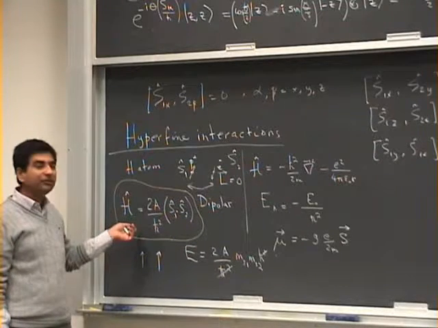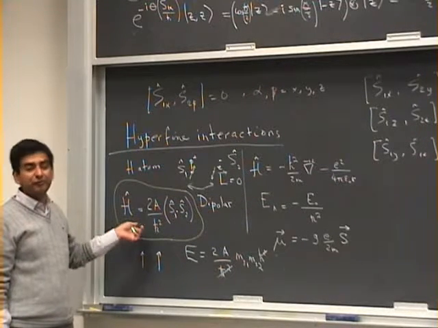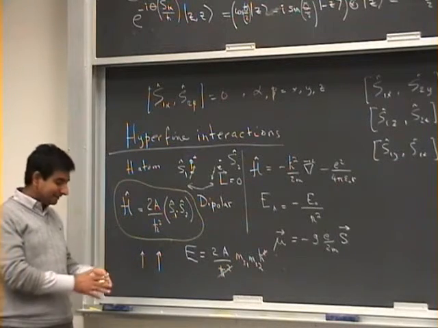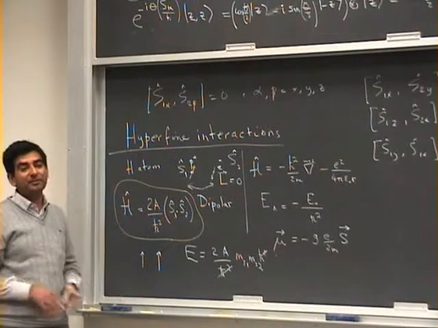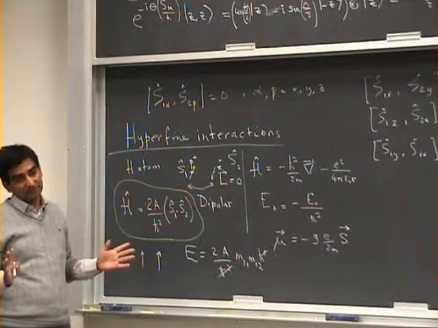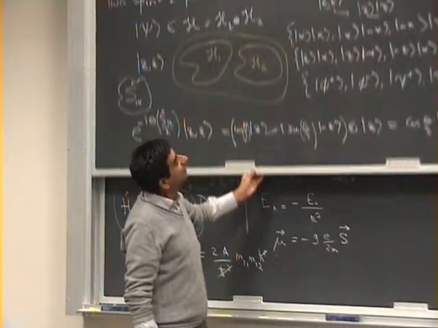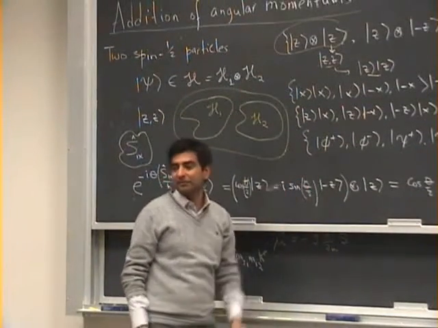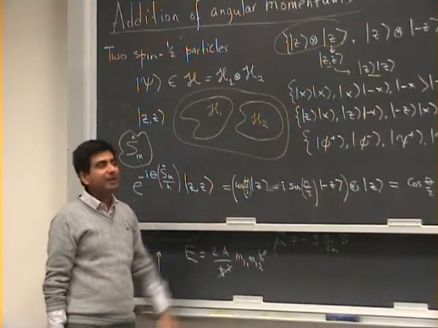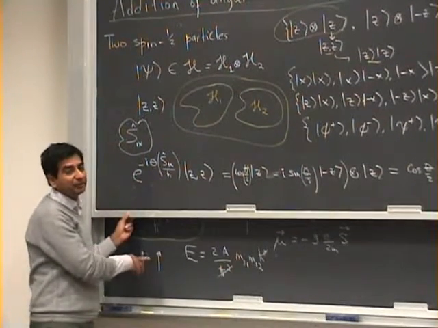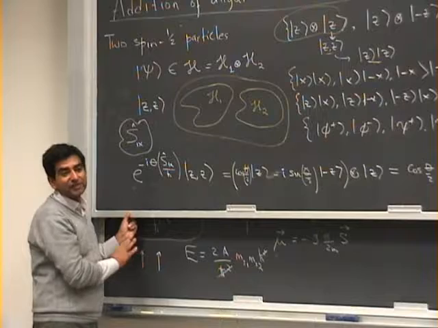So we need to diagonalize this Hamiltonian and find its eigenstates and eigenvalues. Now this is again a four-dimensional Hilbert space because we are dealing with two spin half systems. So the basis states that we can use are any of these states. Some of these basis states will be eigenstates of this Hamiltonian, but others will not be eigenstates of this Hamiltonian.